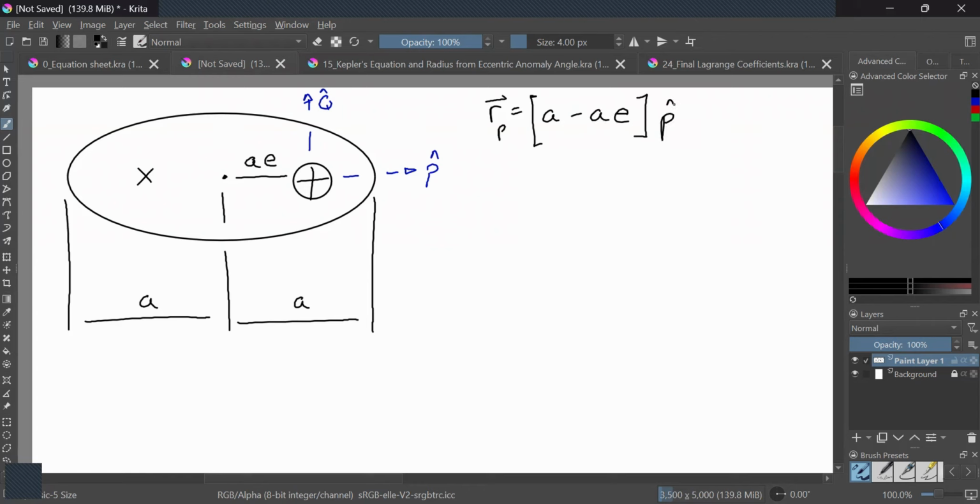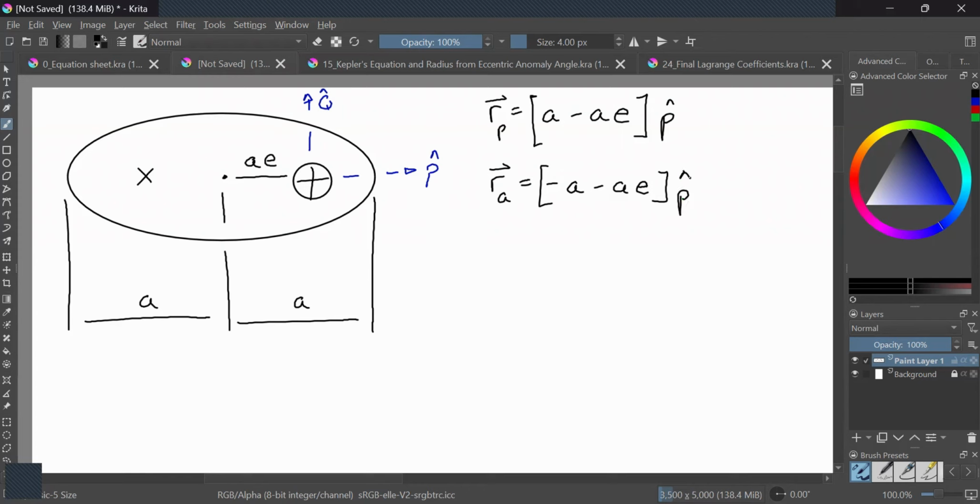Again, in the p direction, nothing in the q direction. I'm not going to bother writing it up. We go in the opposite direction. We have our a, the apoapsis, and that is going to be actually minus a times e, because while these two are being added together, they are also pointing in the opposite direction of p, so they get to stay negative.